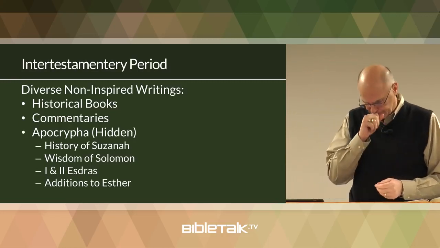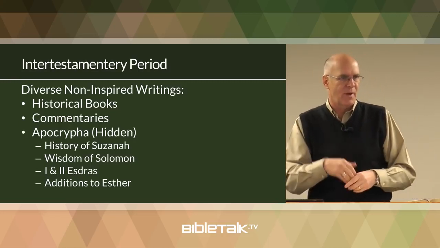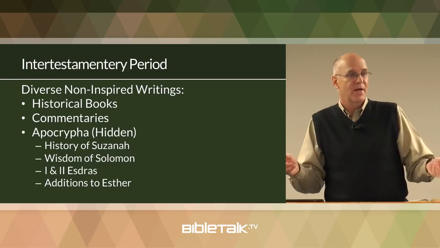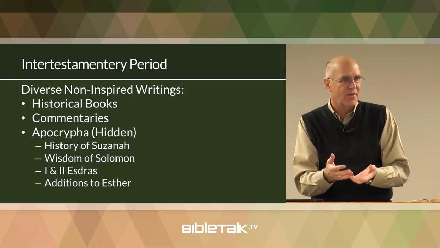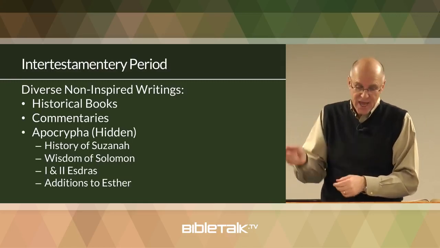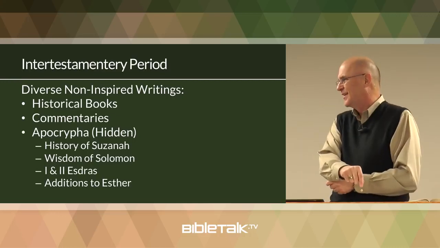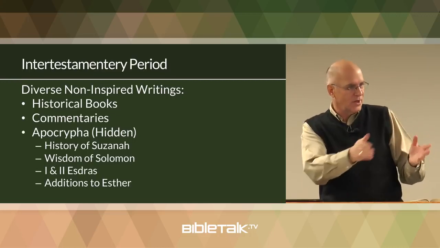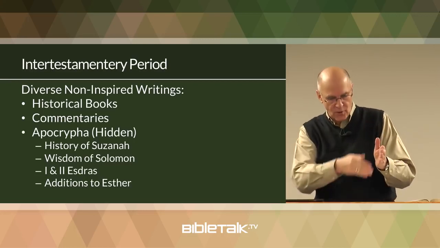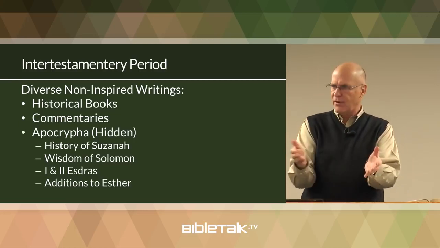Sometimes people say, my friend has a Catholic Bible. Is that Bible any good? The reason they say a Catholic Bible is that many versions of the Bible authorized by the Catholic Church include these books. So you've got the Old Testament, Genesis all the way to Malachi, and then before you get to the New Testament, there are a whole bunch of other books, and you wonder, what are these books?